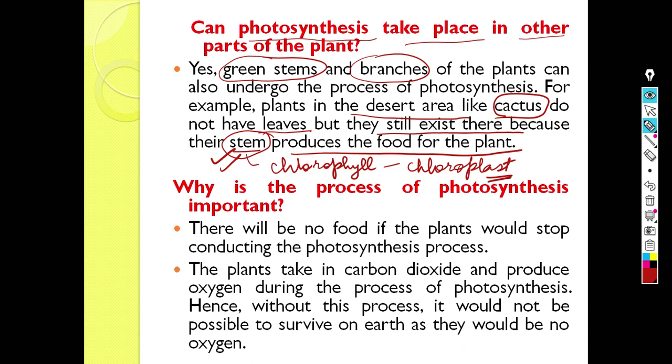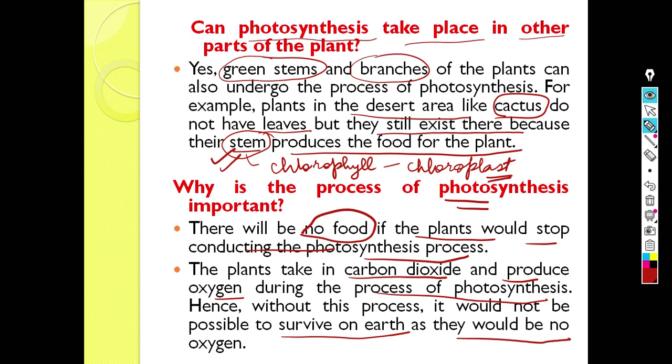Now, why is photosynthesis so important? We have discussed earlier that there would be no food if plants stopped conducting photosynthesis. Plants take in carbon dioxide and produce oxygen during photosynthesis. Hence, without this process, it would not be possible to survive on Earth, as there would be no oxygen in the absence of plants, isn't it?